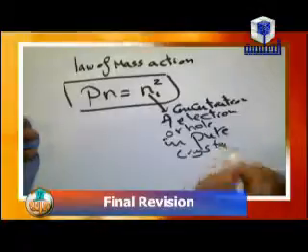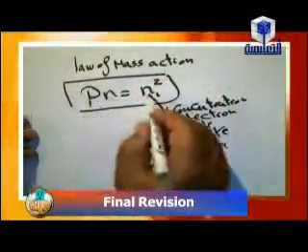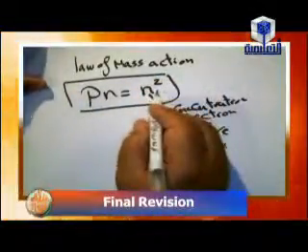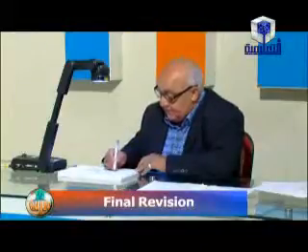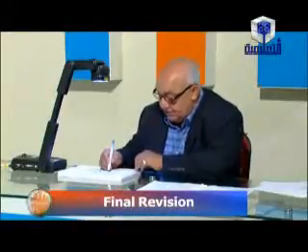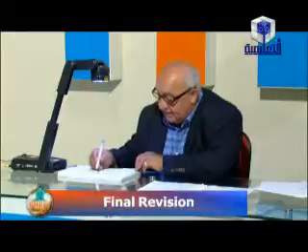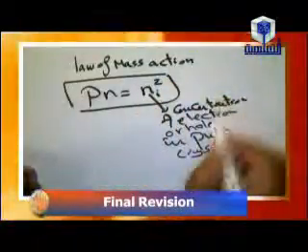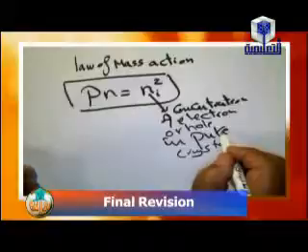So this law is called the law of mass action. P represents the concentration of holes, N represents the concentration of electrons, and Ni square represents the concentration in a pure crystal.